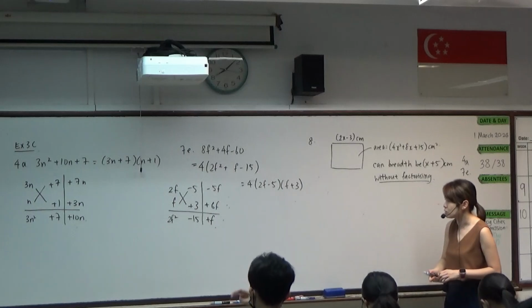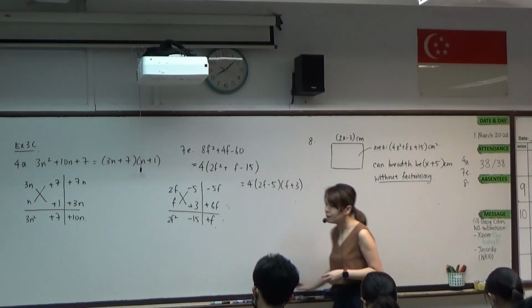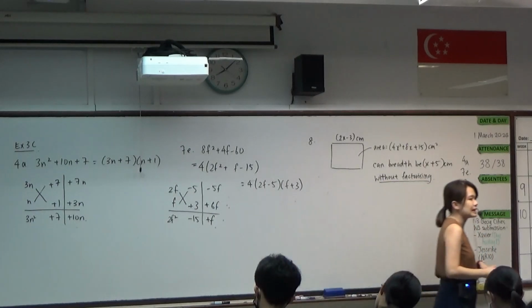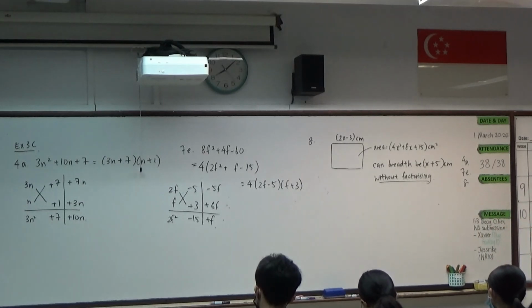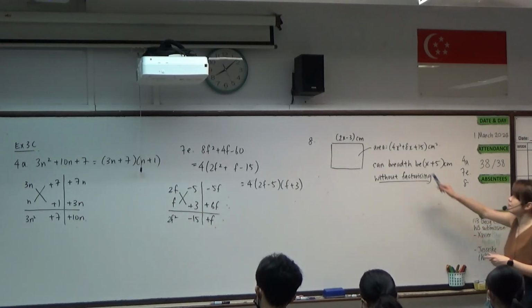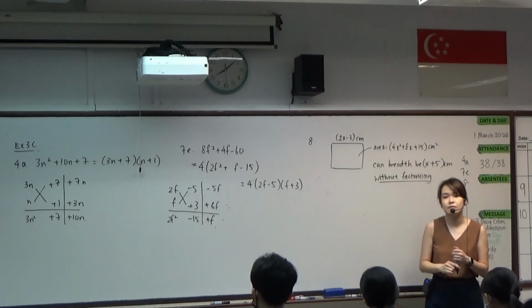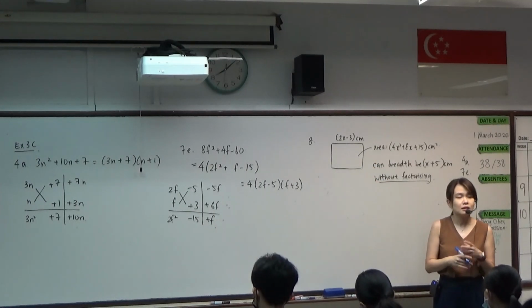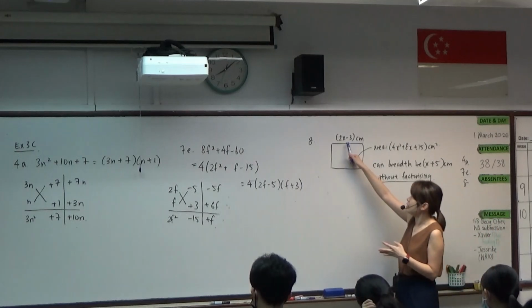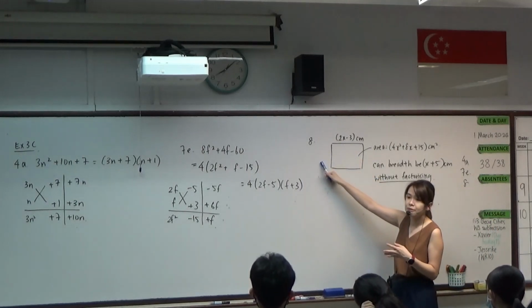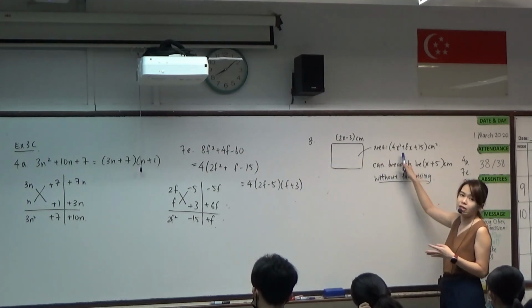Okay, so the key thing here is without factorizing. But maybe we think about why they stop us from factorizing? Okay, because they give you the area of the rectangle itself, how do we find the area? What's the formula? Length times breadth, right? So if I know the length and I have the breadth, okay, I'm able to multiply to get the area.